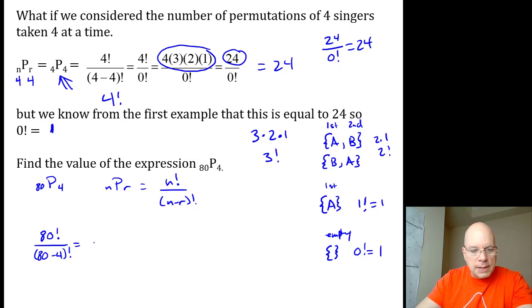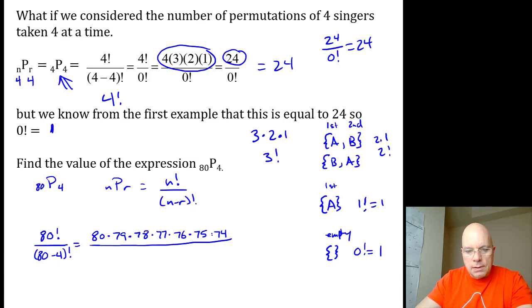And this may look alarming because you don't want to write out 80 factorial, although I'll begin to illustrate something. Don't try to write out the whole thing. We don't have that kind of time. I'll just do dots here.